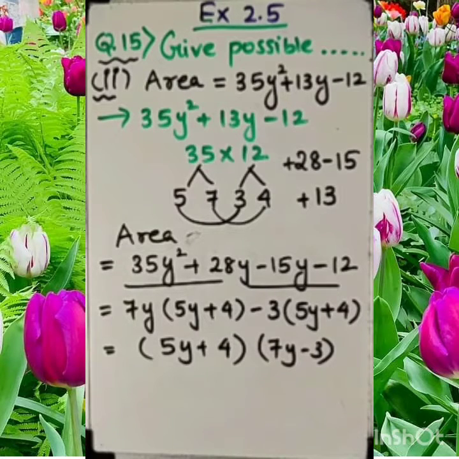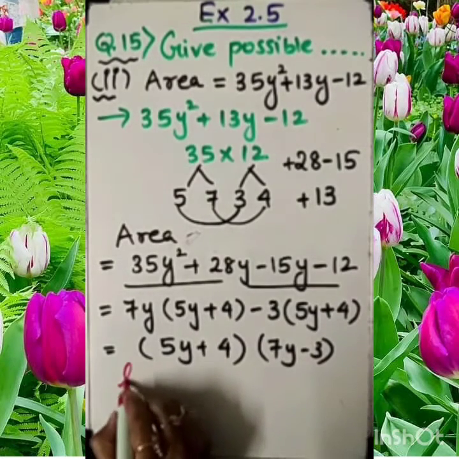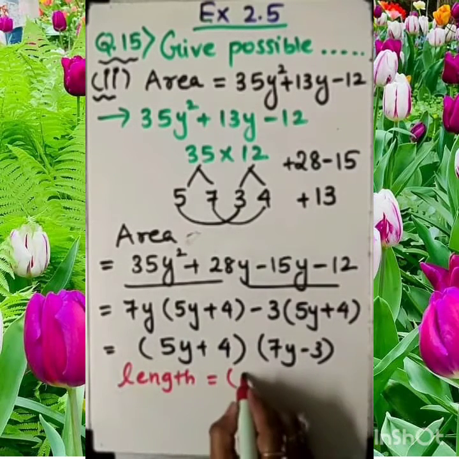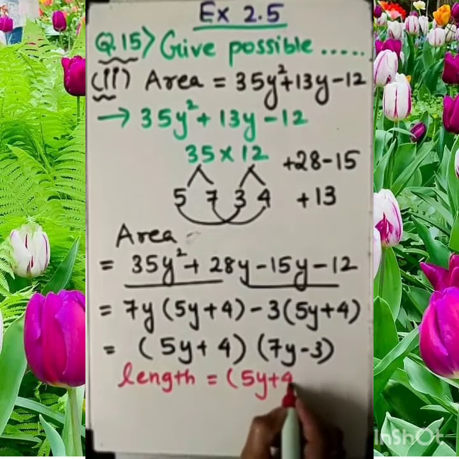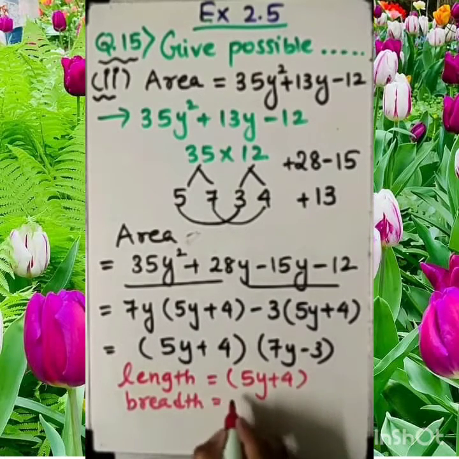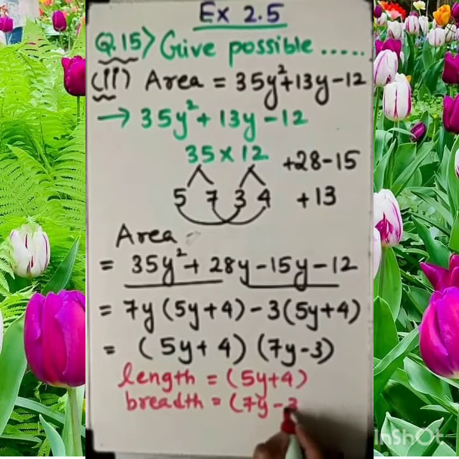So dear student, what will be the length? Of course, the length will be 5y plus 4 and the breadth will be 7y minus 3. So these are the possible factors.